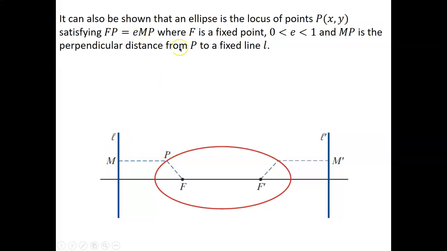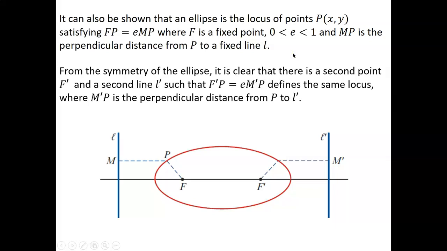And this value must be between 0 and 1. It's called E because it's known as the eccentricity of the ellipse. And from the symmetry of this being on this side, there is a mirror image almost on the other side here. So that's how our ellipse still has 2 foci.